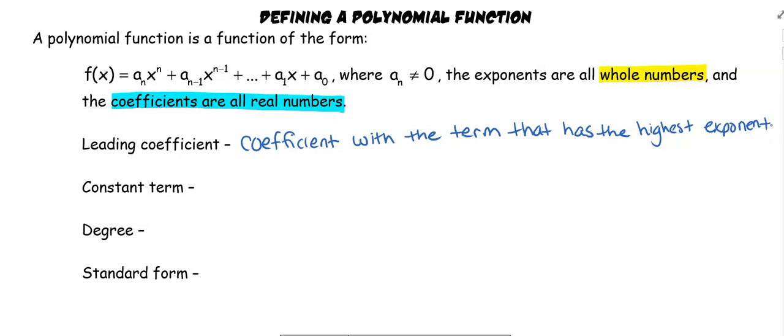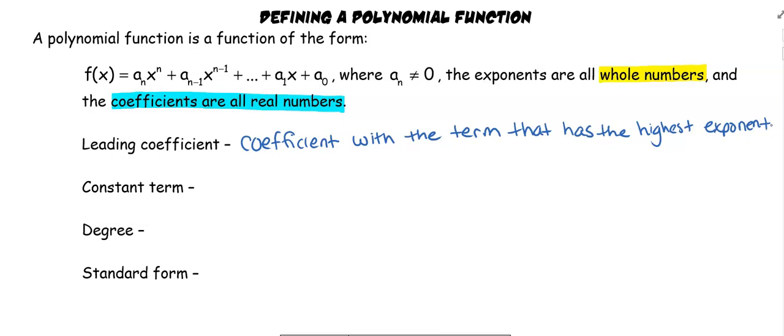The leading coefficient is going to be the coefficient that goes with the term that has the highest exponent. So if our equation is in standard form, which is our last one down here, it's going to be the first coefficient with the first term.